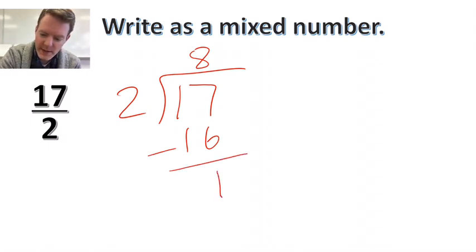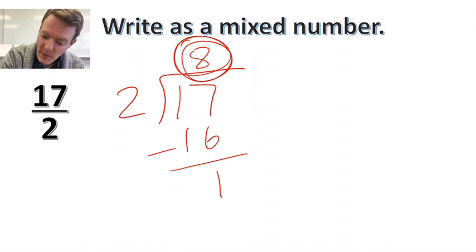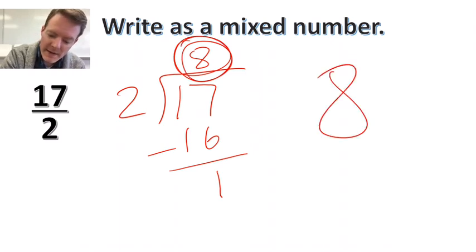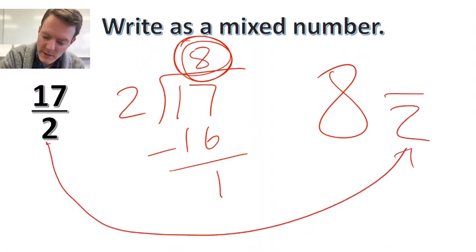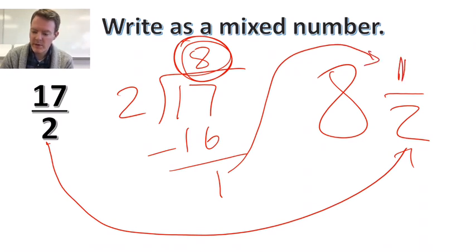So remember, the how many times did it go in, that's going to be your whole number, and then how many halves are left over is your remainder number. So there's 1/2 left over. It's 8.5, which makes sense. 17 divided by 2 is 8.5, right? 16 halves gives you 8, and then there's one more to get 17 halves.